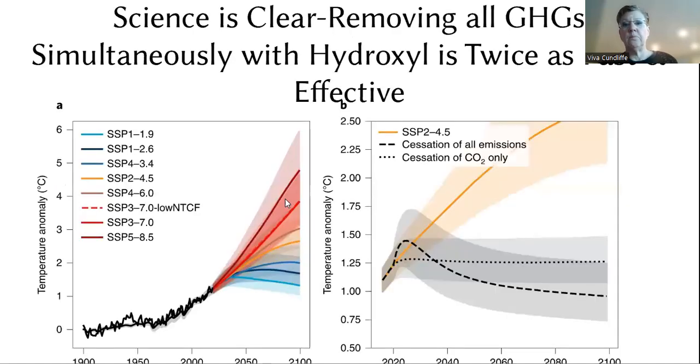And here's a peer-reviewed paper graphic that is very clear that removing all greenhouse gases simultaneously with something natural like the hydroxyl, and there really is, I have looked, nothing else, is twice as fast and twice as effective as any other technique that we're currently discussing.